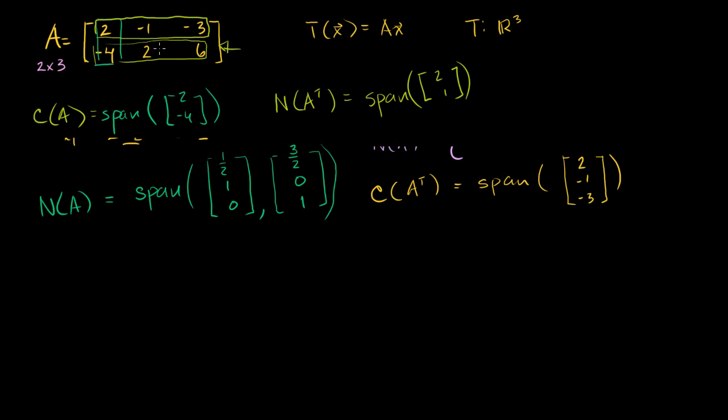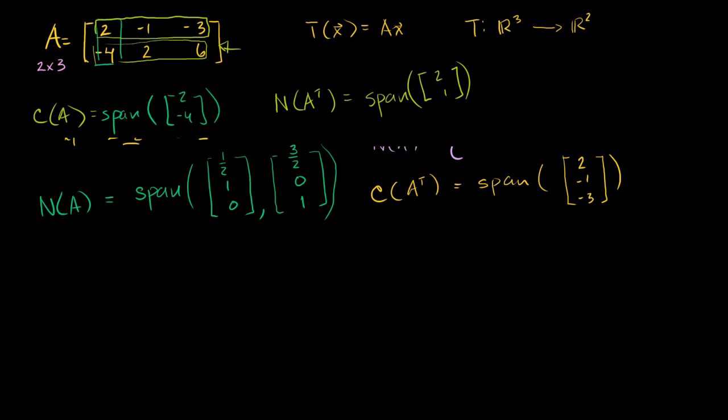And it would be a mapping to R2, because we have two rows here, right? You multiply a 2 by 3 matrix times a 3 by 1 vector, and you're going to get a 2 by 1 vector. So it's going to be a mapping to R2. So that's our codomain.